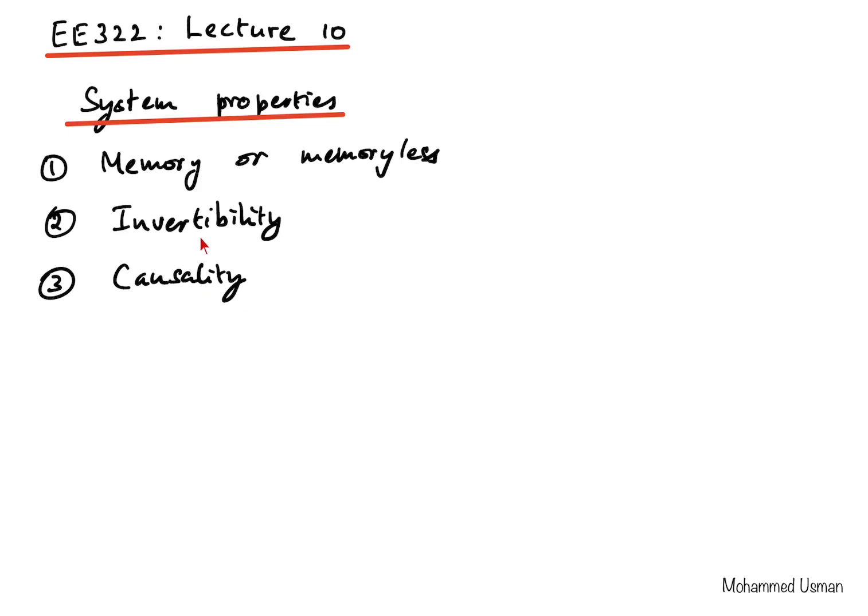So let me talk about a case of causality where a non-causal system is physically implementable, and that occurs typically when the x-axis value is not time but some other parameter. The independent variable is not time in that case.